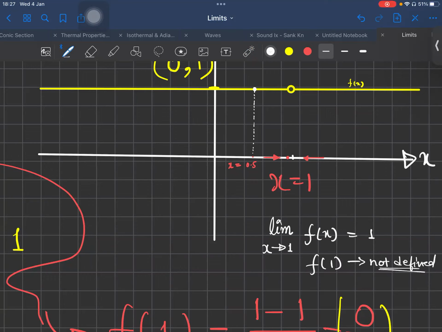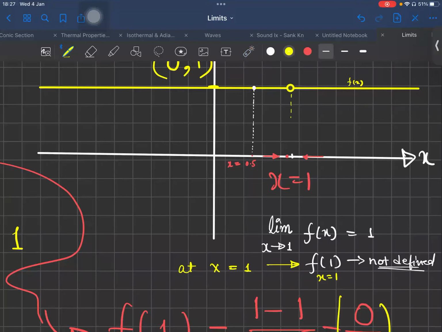But if x is approaching 1 towards this point from both sides, the value of the function is 1. So f of x is equal to 1. This line represents f of x equal to 1. So that's how we write the limit: limit x tends to 1, f of x is equal to 1.